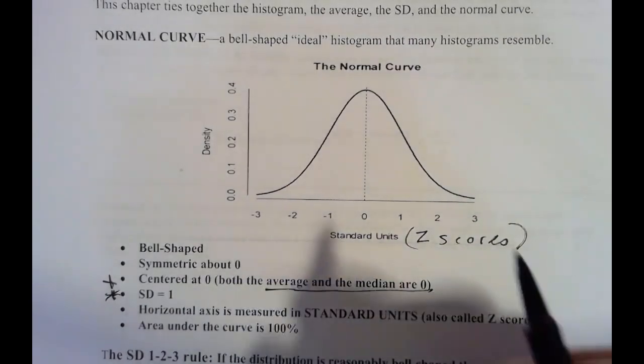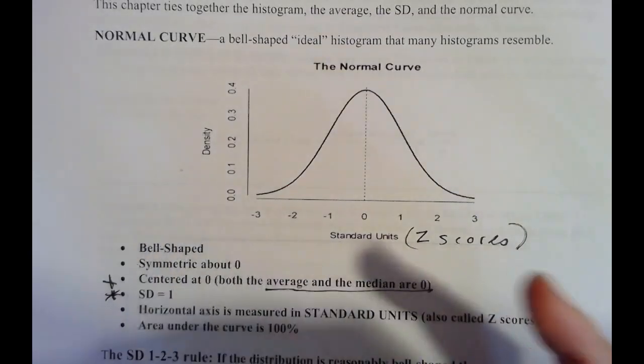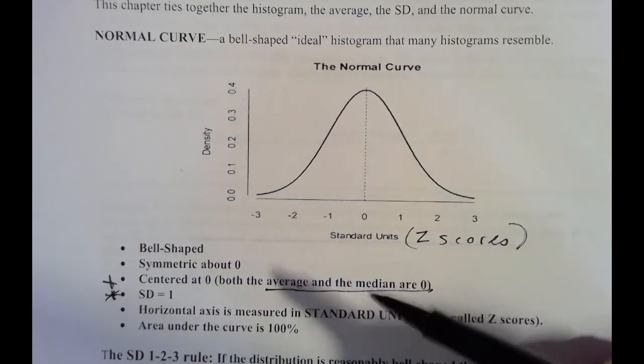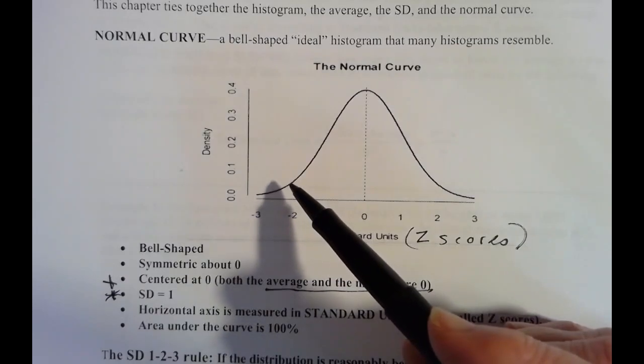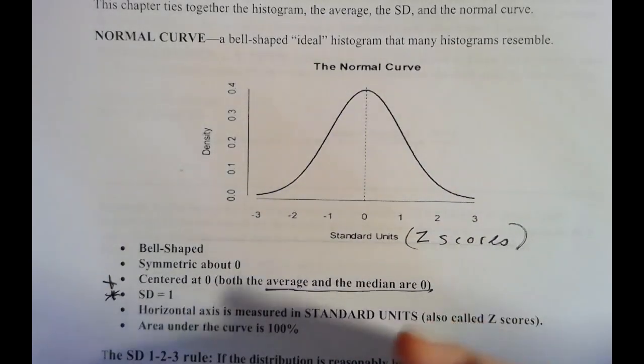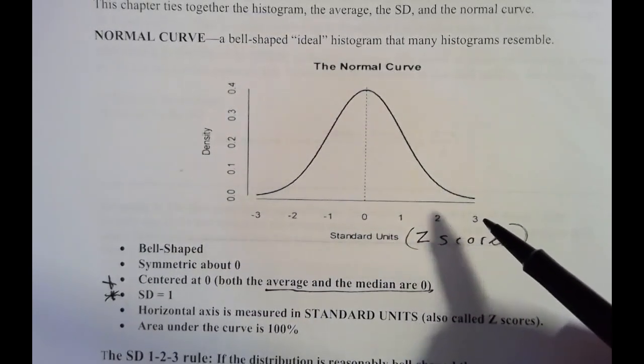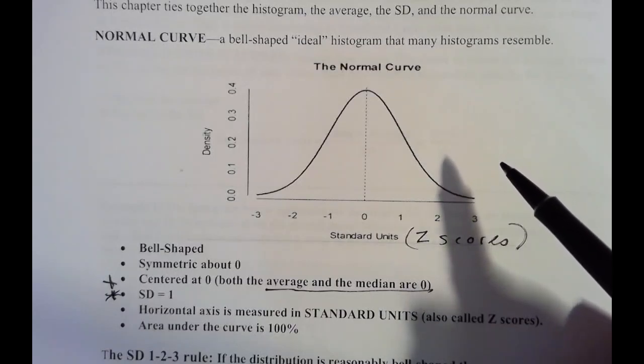And it's a histogram that's really important for one reason, because so many data sets are very similar to the normal curve. For example, your height, your weight, IQ. There's many data sets that look like the normal curve.